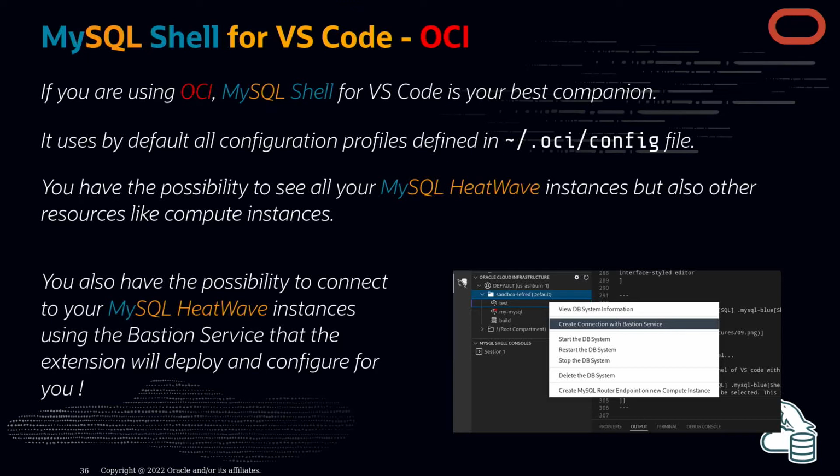You have the possibility to see all your MySQL HeatWave instances, for example, and other resources, like compute. This is a compute instance, for example. You just click one and say, create a connection with the Bastion service, and it will deploy the Bastion service for you if there is none, and you will be able to connect directly very easily.